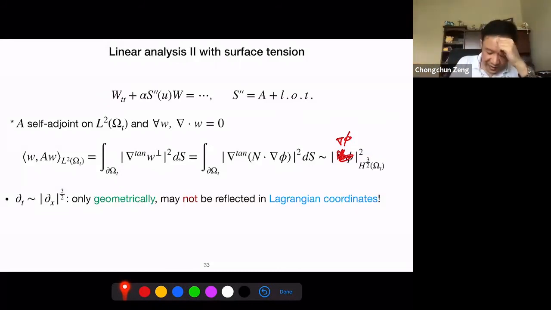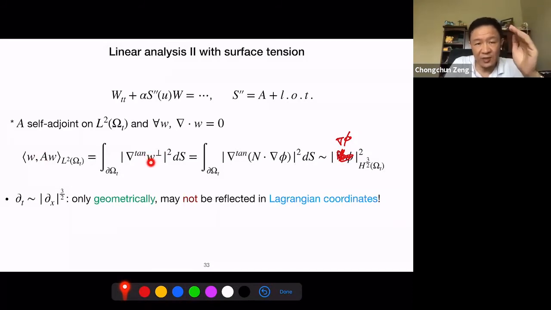But one should be very careful because this only acts on the irrotational part of the velocity field. And also keep in mind, this is the geometric velocity only, the geometric velocity of the free surface. It does not control how the surface is parameterized. The same surface can be parameterized in many different ways. So this control is really related to geometric velocity.